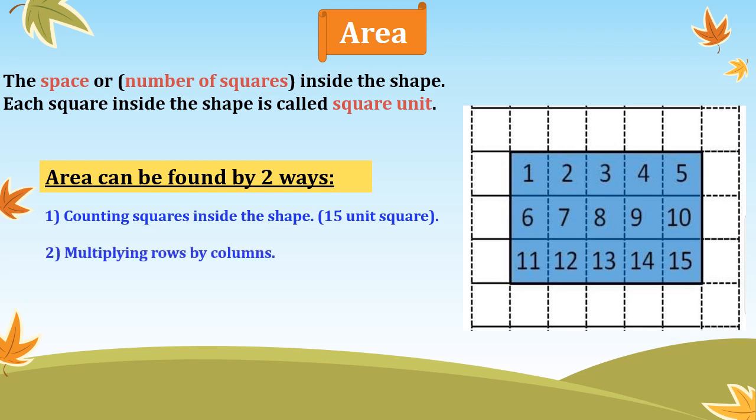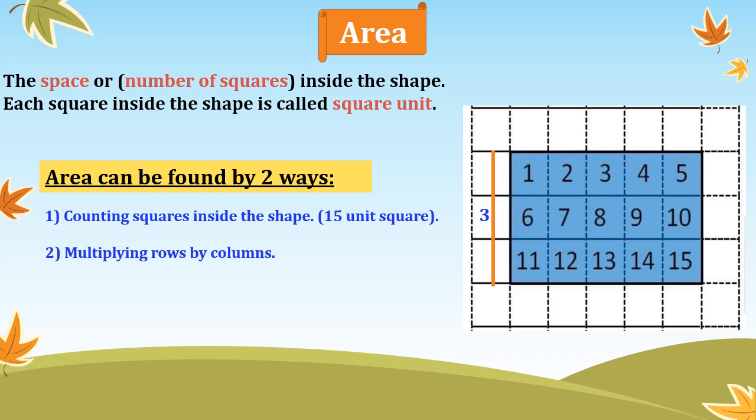Number 2, we can find the area by multiplying rows by columns. If we consider that this rectangle is like our array, we can find the area or the total number of squares by multiplying rows and columns. How many rows here? 3.